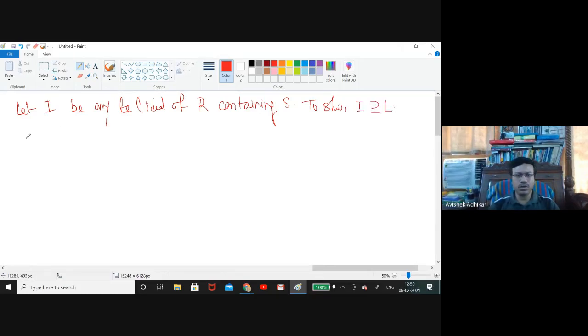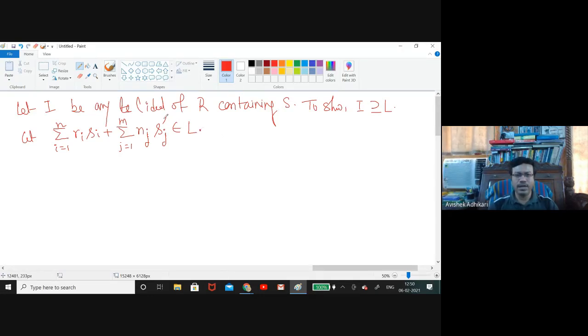So what to show? Take any element from L and then try to show that it belongs to I. That's all. So let any element, how does it look like? It looks like the summation i equal to 1 to m of r_i s_i plus the summation j equal to 1 to m of n_j s_j dash, belonging to L. How to show that it belongs to I?